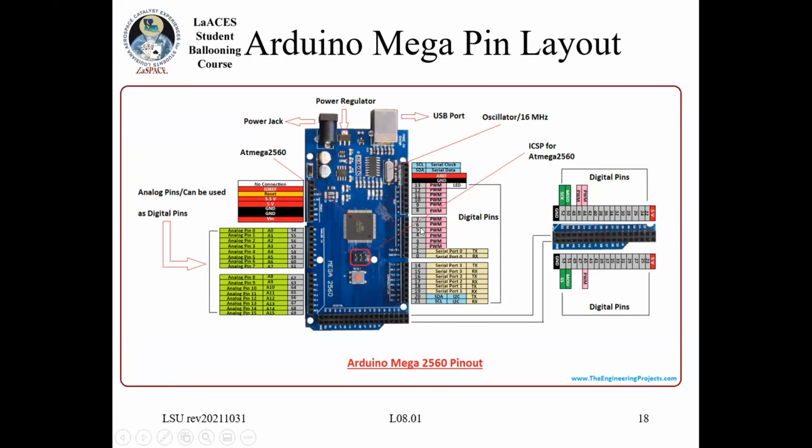Most notably, over here are your pulse width modulation pins. That is a specific hardware capability built into these pins, so if you're going to do PWM, you want to use those pins. Just to remind you guys again, here are our serial ports.